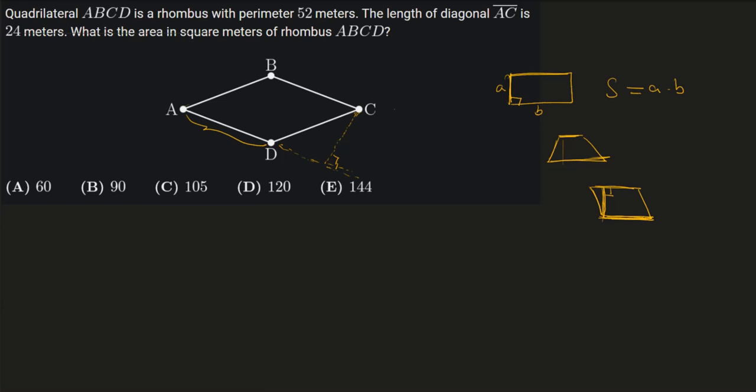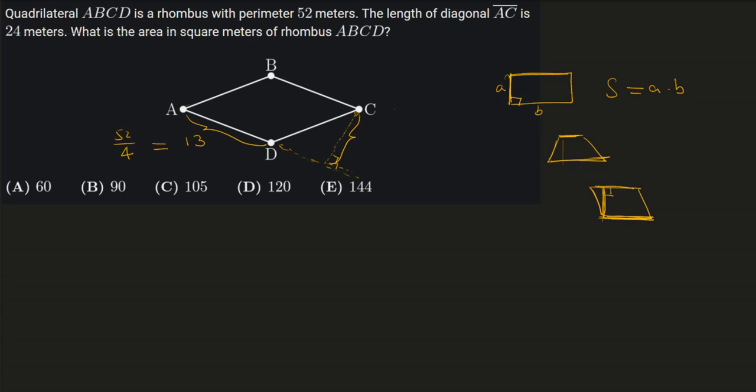So that is 1/4 of 52, 52 over 4, that's 13. But it's not very straightforward or easy to get this height. Therefore, that's still not a good way to handle this.